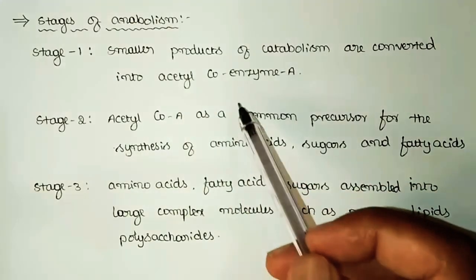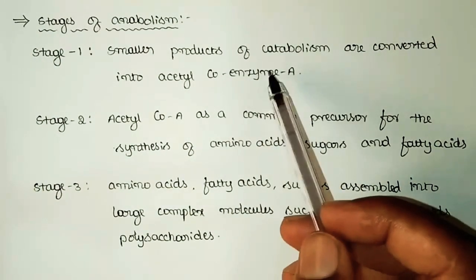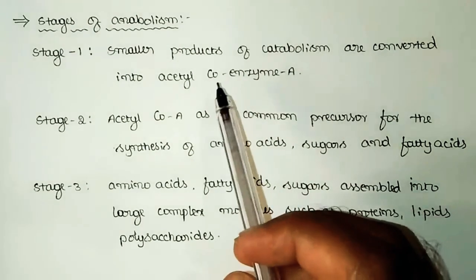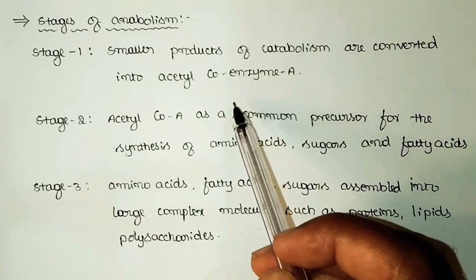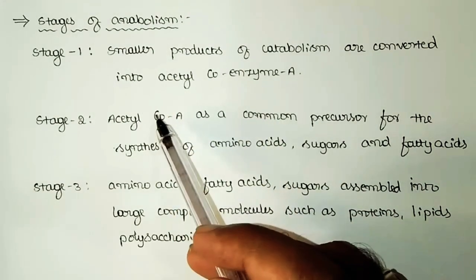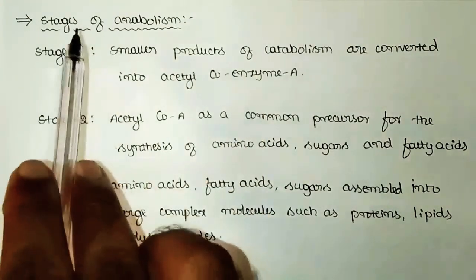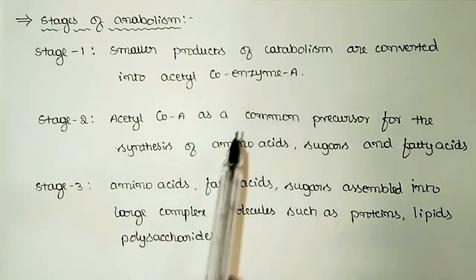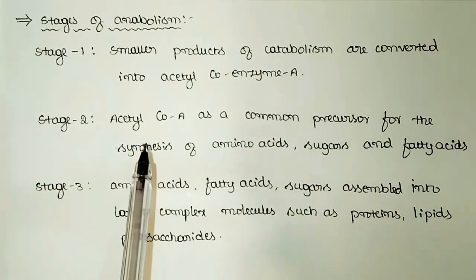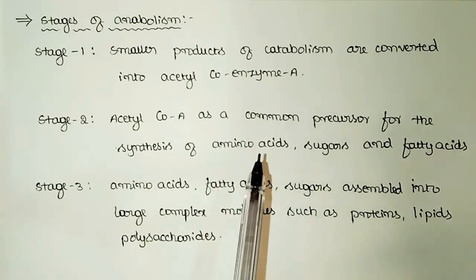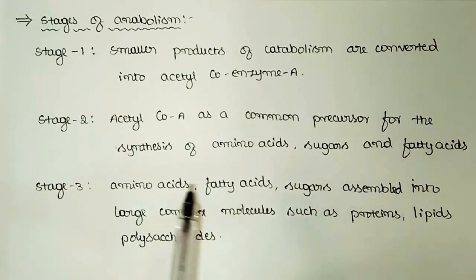In stage 1, the simpler or monomer units that are produced from the catabolic pathway will be converted into a common precursor material, that is acetyl coenzyme A. This is the first stage of anabolism. And the acetyl coenzyme A produced in stage 1 of anabolism will be used as a common precursor, and that will be used in synthesis of amino acids, sugars and fatty acids.